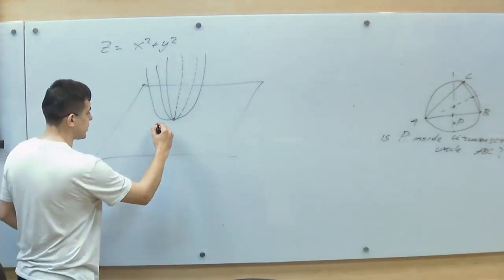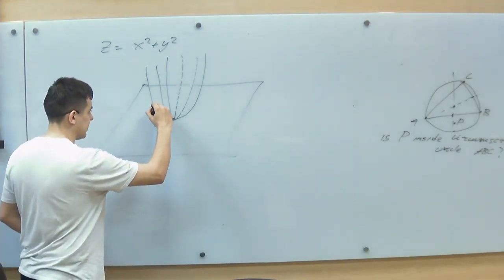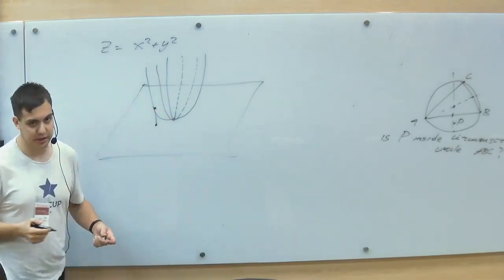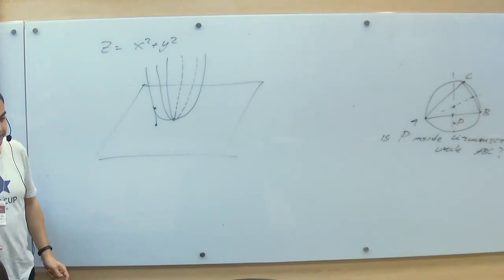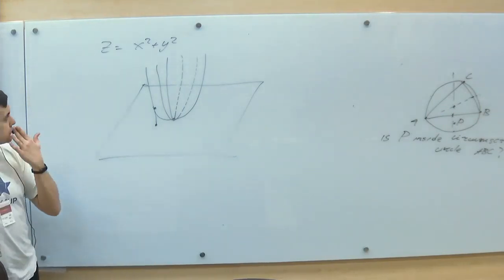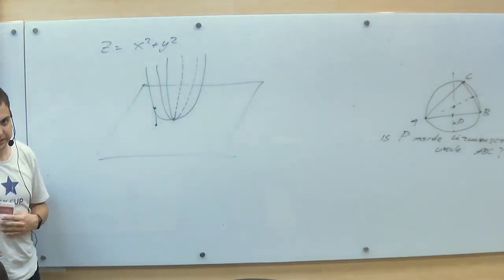And basically, you take each point and you project it upwards. So all points here lie on a paraboloid, z equals x squared plus y squared.